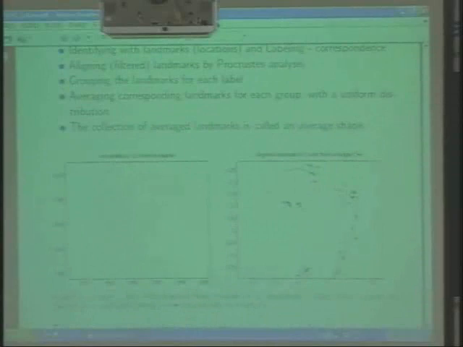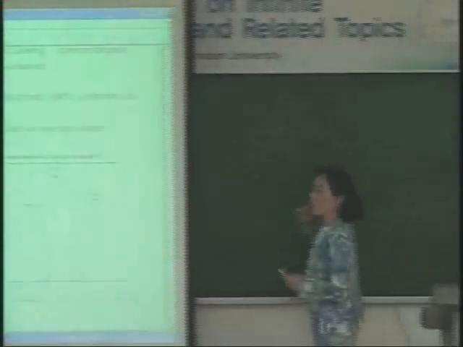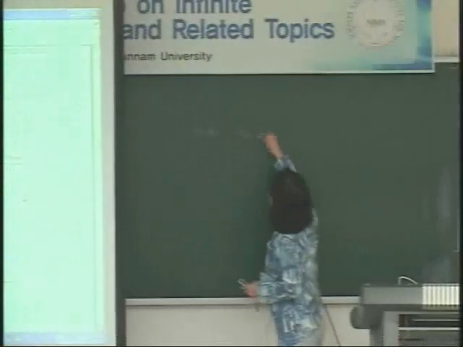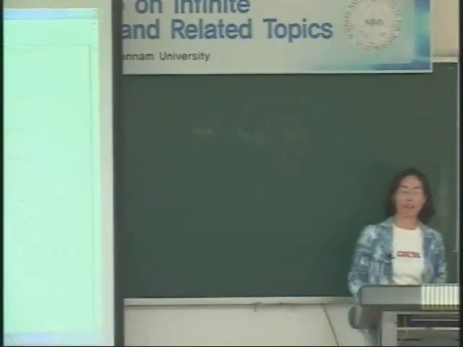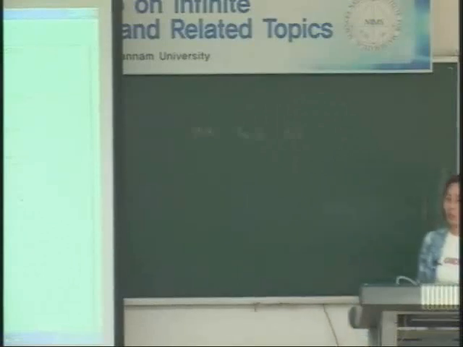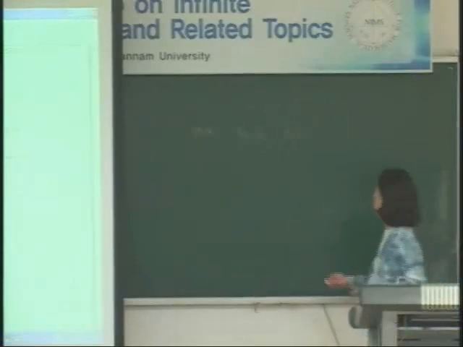Actually, it is represented in 62 dimensions: x1, x2, up to x31, 31 points, and then y1 to y31. So this is defined on a 62-dimensional vector space. And then by using a uniform distribution, a standard shape, a so-called mean shape, is generated.